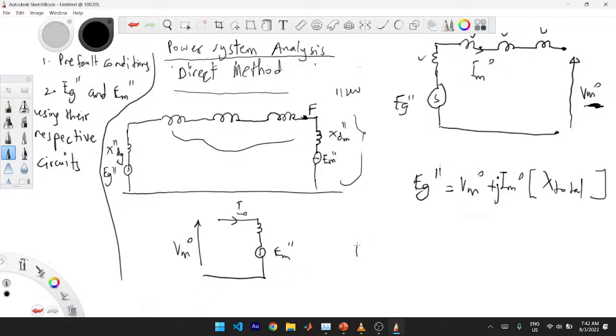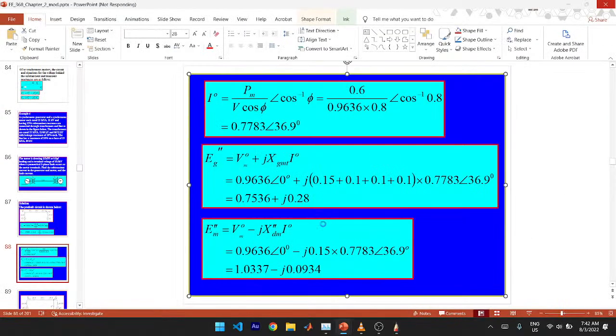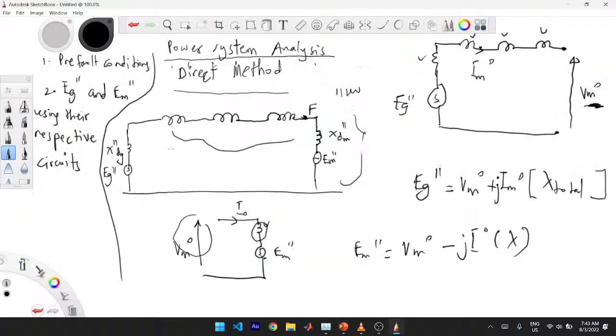So this Em prime is given by Vm naught minus the voltage drop, I naught multiplied by this impedance here. So you find your Ej prime and your Em prime.